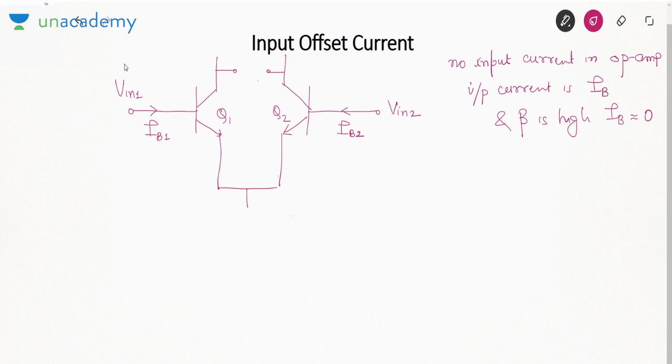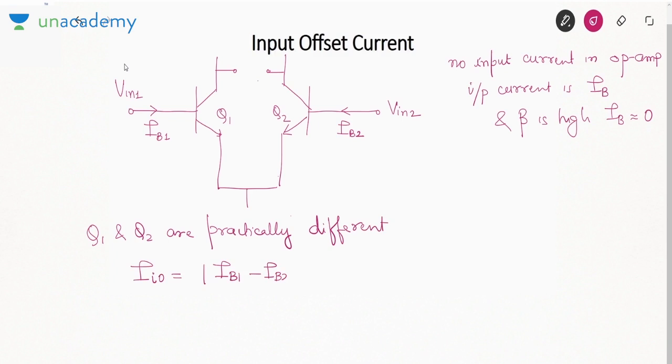Now since both BJTs are not identical practically, Q1 and Q2 are practically different. They cannot be exactly the same. If they cannot be exactly the same, then the input offset current is given as the difference of the two base currents. We take the magnitude because we don't know which current is higher. So what does it indicate?